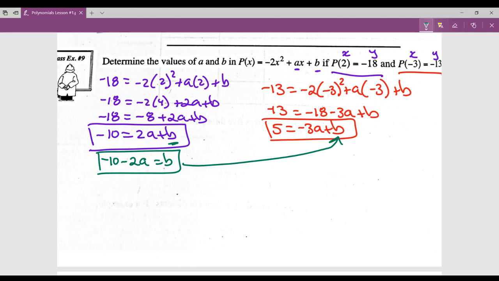So this is going to generate a new equation: 5 equals negative 3a plus, and instead of b, I write all of this. And I'm going to put it in brackets. You don't need to because it's positive, but when it's negative, it will matter. So it's just a good habit to get into. Now I have one equation and one unknown, a, because I can combine those.